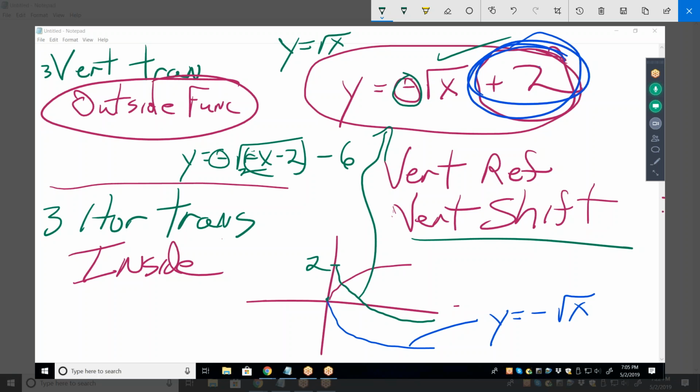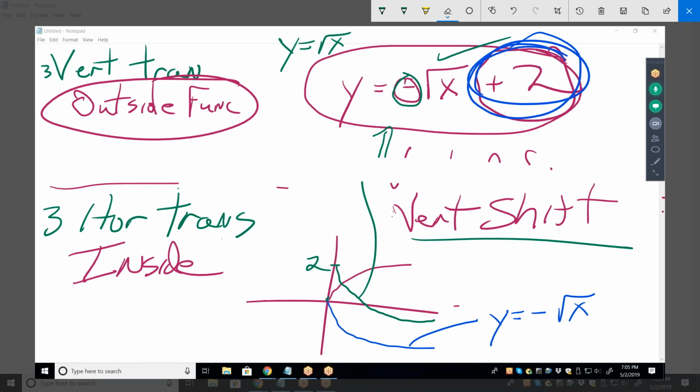It's got a negative sign inside the function. That's a horizontal reflection. It's got a multiplier. The only one I didn't add is another multiplier there. There, now it has all 6. So you can have all 6 in one function, and you just do them one at a time. That's all you do. And you always do your reflections first.